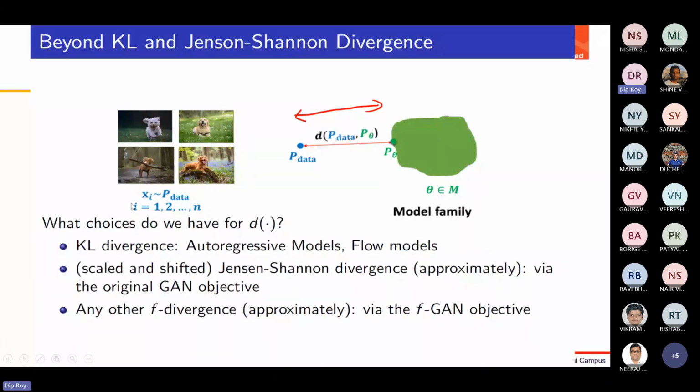You have your model family in the form of neural networks. There can be various architectures, and you can play around with them. But ultimately, the performance measure that we have is minimizing the distance between the p data and the p theta. And that particular distance can be minimized in various ways.